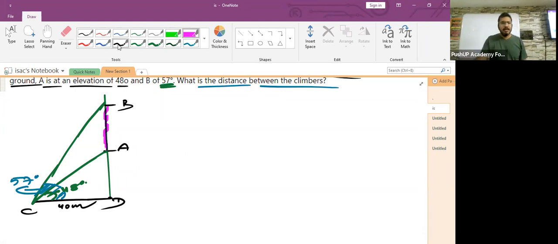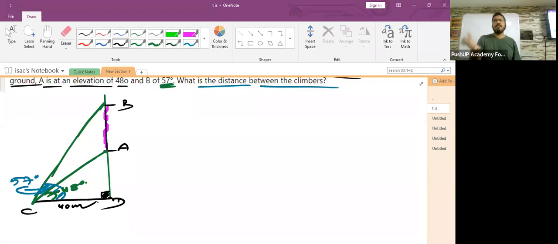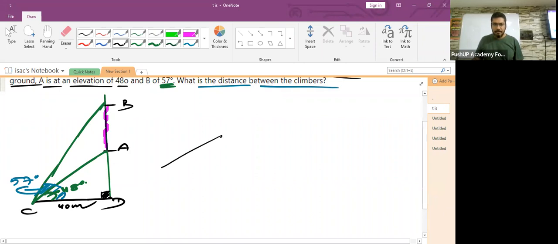Very simple, children. You know this angle is what? 90 degrees because it is a vertical cliff. Can you very clearly see two right angle triangles? One is a small right angle triangle ACD. The other one is the big right angle triangle BCD. So let us draw both the triangles here separately.